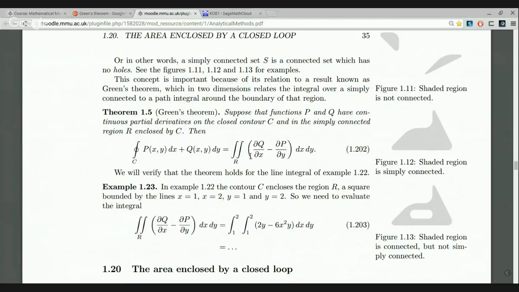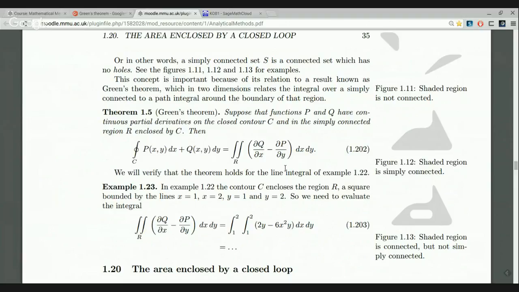There's no reason to prefer x over y, or there's nothing special about x compared to y. So why is it that we're looking at the difference of these two partial derivatives instead of the sum? So the x variable seems to be treated differently from the y variable in that one of them has a minus sign attached. But there's nothing too spooky going on. It's the difference of these two quantities that's important.